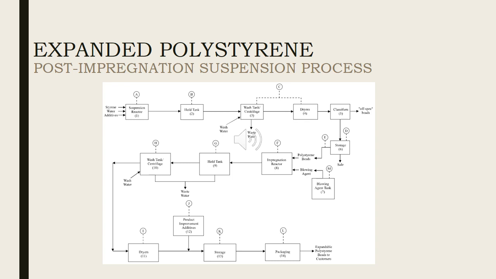In the reactor, the styrene droplets are suspended in the water phase by using mechanical agitation and suspending agents. Droplet size may vary from about 0.1 to 1 millimeter. The reactor is heated to start polymerization, which takes place within the droplets.